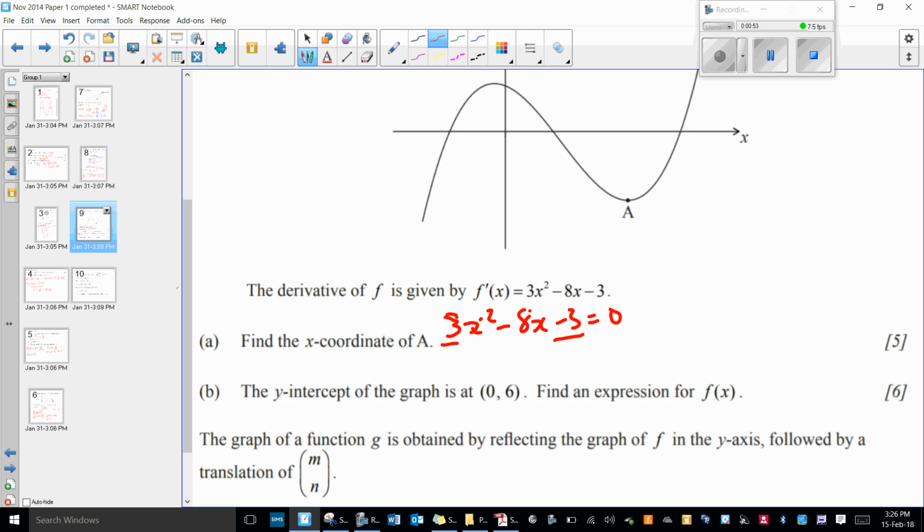So I want two numbers that multiply to give -9 and add to give -8. So that's 3x squared minus 9x plus x minus 3. Okay, so 3x is common. So we've got (3x + 1)(x - 3).